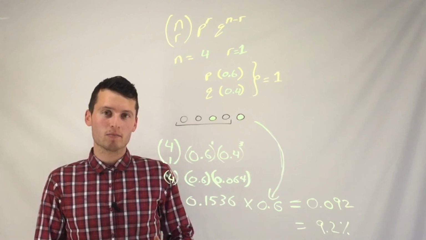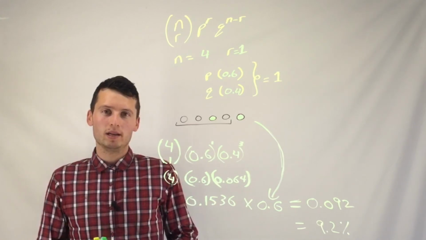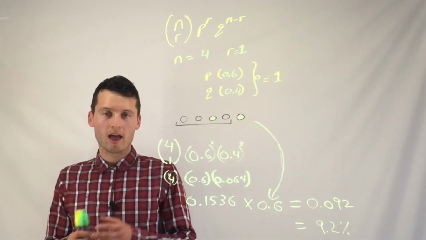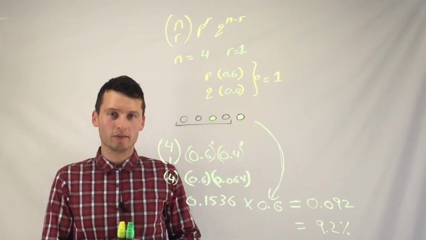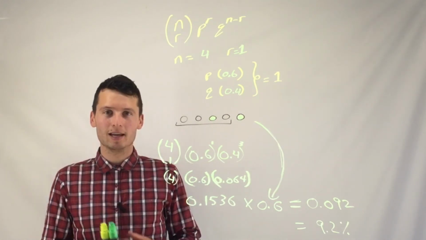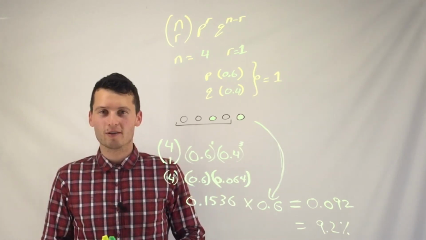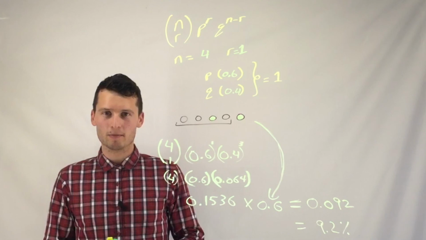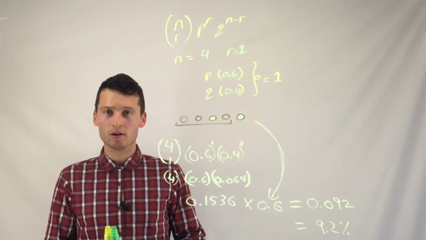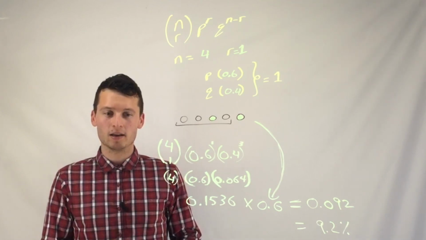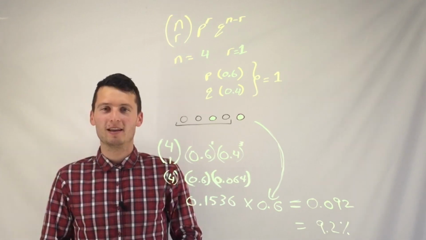And we multiply them because we need her to score 1 from 4 and on the 5th shot. And in probability, "and" implies multiply. And therefore, the probability that the basketball player will score for the second time on her 5th shot is 9.2%.